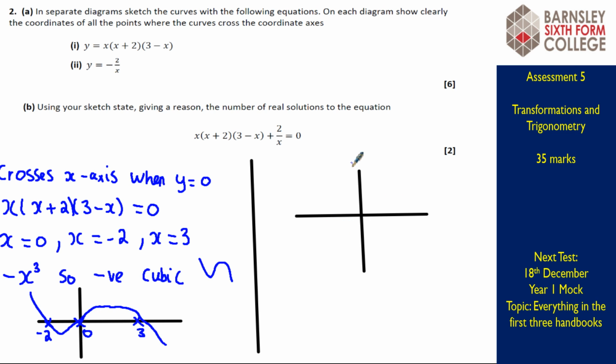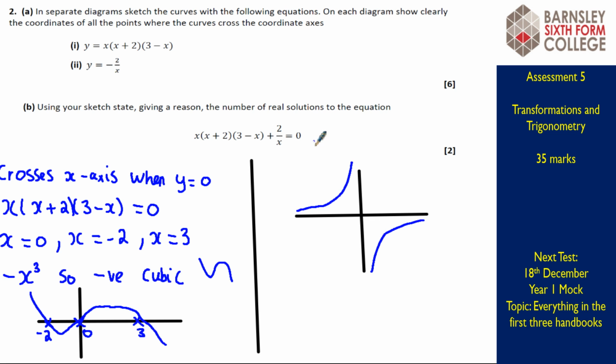Because it's -2 over x, it's just going to look something like this, and something like this. Okay? All this 2 does is stretch it further and further away from the origin. So if you did a -4 over x, it would just be here instead.